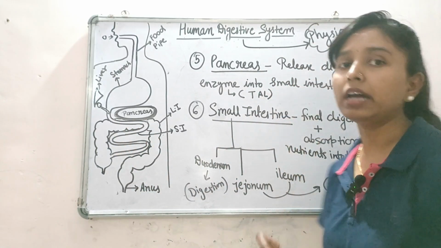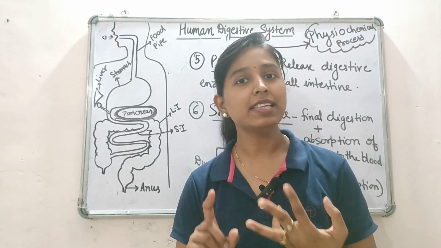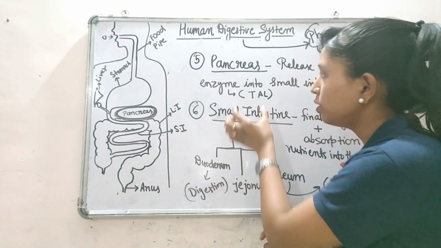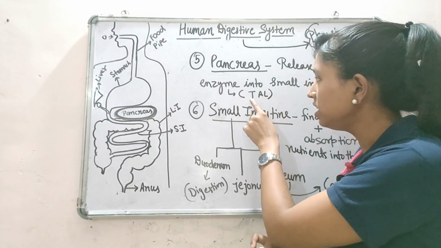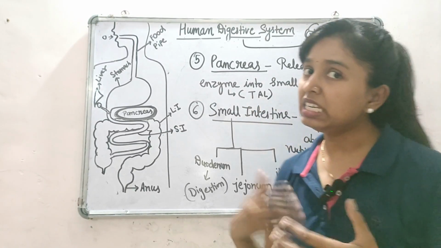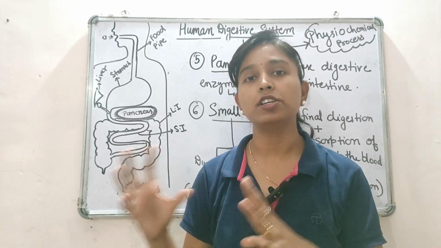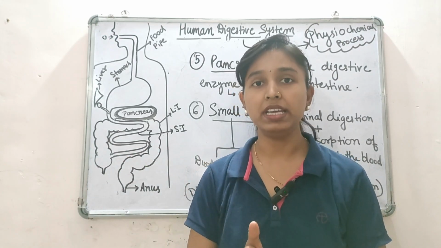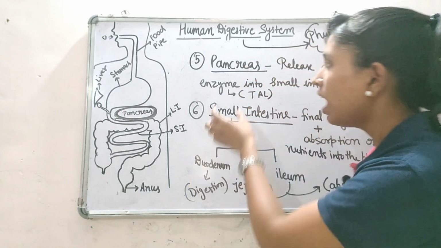These digestive enzymes are trypsin, amylase and lipase. You can learn all three enzymes with the mnemonic TAL: T for trypsin, A for amylase and L for lipase. These three enzymes are responsible for the digestion of carbohydrate, protein and fat.